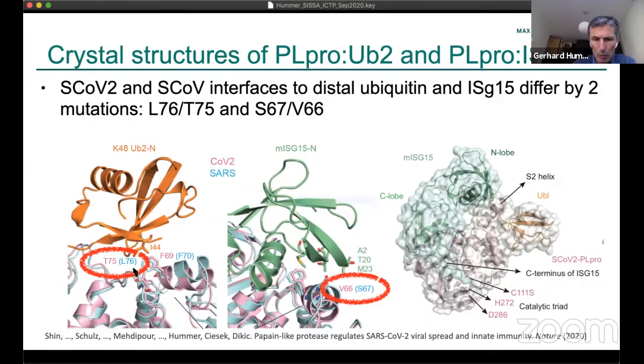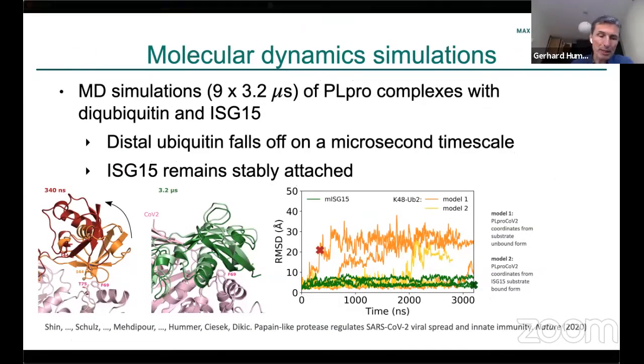One is a change from a leucine, position 76, in old SARS to a threonine, position 75. And then there is another shift with the opposite change in polarity from a serine to a valine. So this, of course, got us very interested.